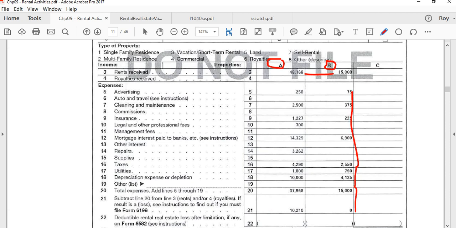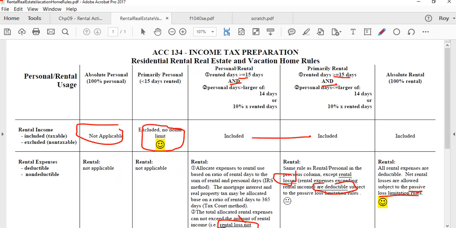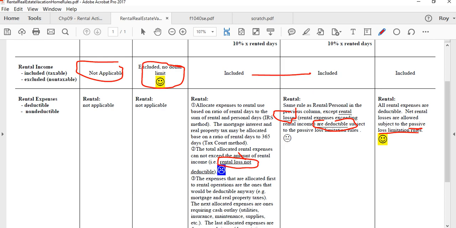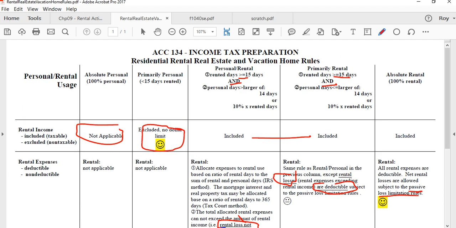Now notice the rental income equals the rental total expenses, ending up with no loss because that's the rule, right? You cannot have a rental loss if you meet this test here. So if you remember the numbers, 90 days rented is greater than or equal to 15 days. So you meet this first test easily. It's the second test.